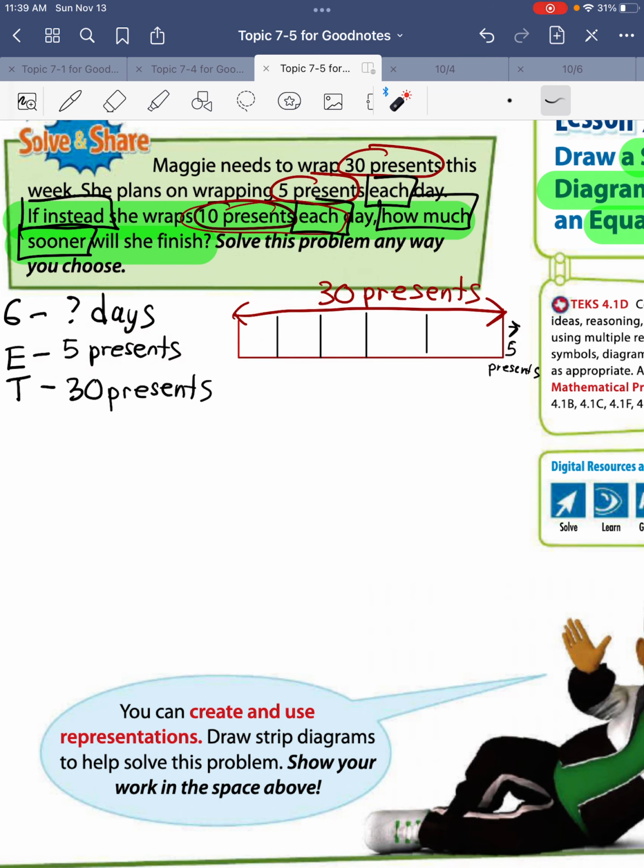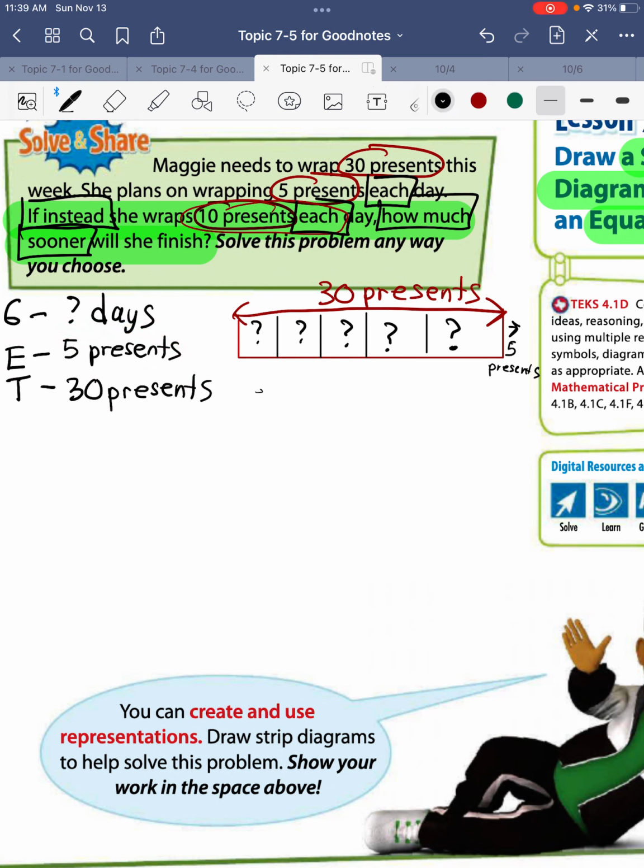So now I need to figure out how many days. So I'm going to put a question mark here because I don't know that. And remember, I have my get on the side to help me. So if I know my total, I know my each, but I don't know my groups, I'm going to divide.